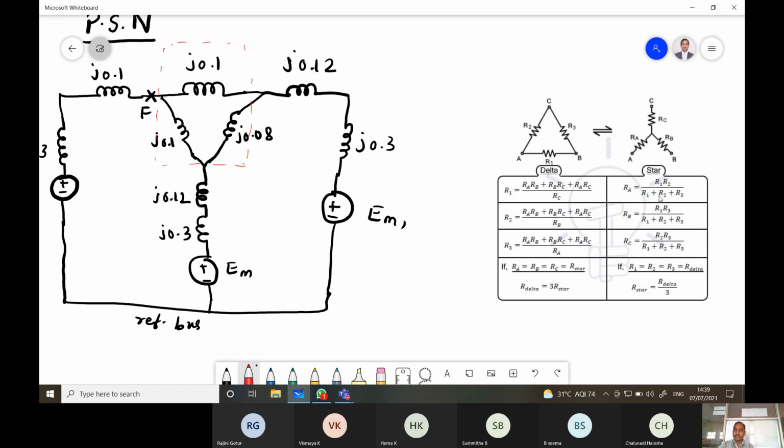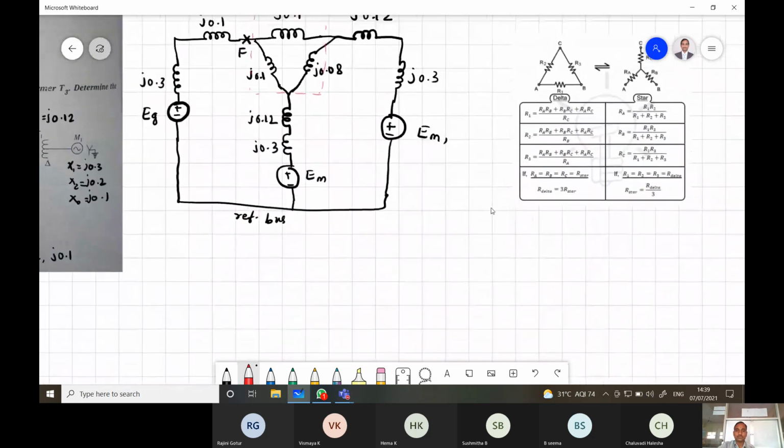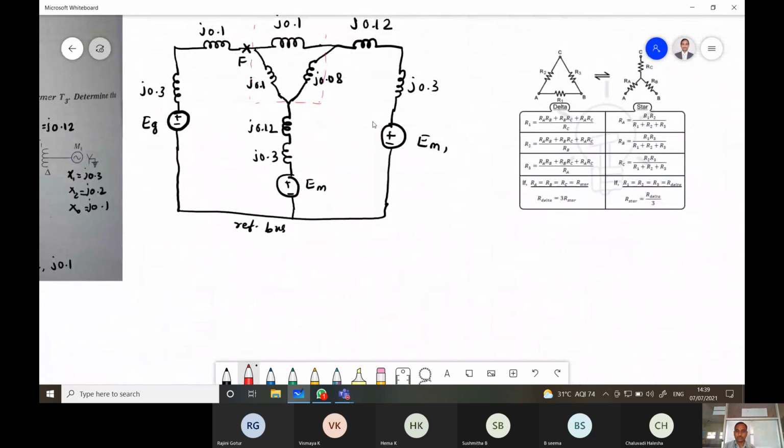So I will write once again here. This delta conversion is there. So equivalent star we want.